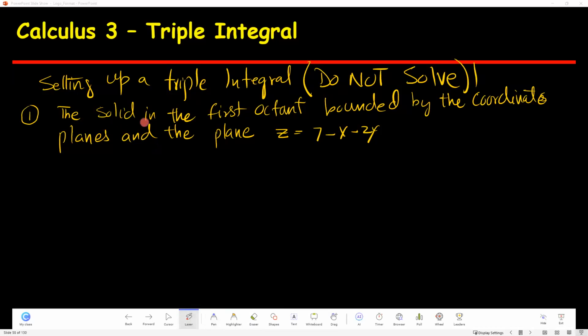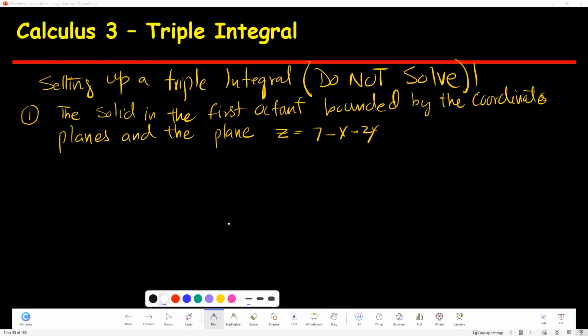In this problem, we have a solid in the first octant. First octant, I already told you, is nothing but a quadrant in 3D, bounded by the coordinate planes. Coordinate planes are given something like this, and then the plane is given to look like this. Nothing needs to be drawn here. Really, that's the trick.